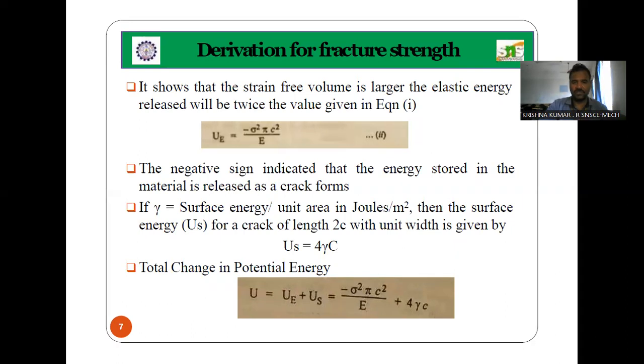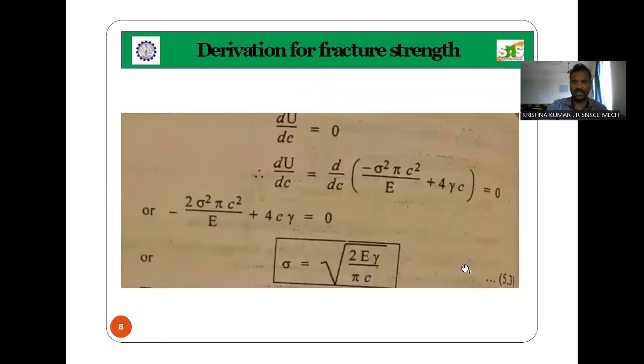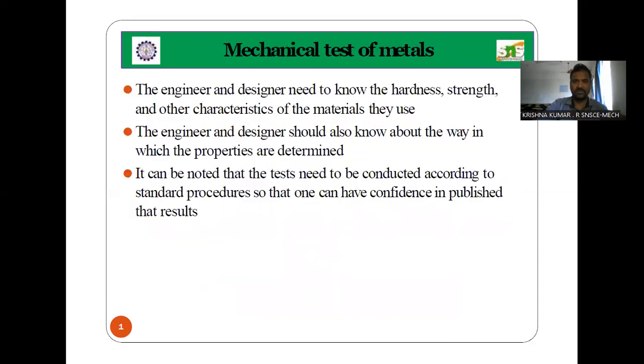If gamma is equal to surface energy per unit area in joules per meter square, then the surface energy US for a crack of length 2C with unit width is given by US is equal to 4 gamma C. Total change in potential energy U is equal to UE plus US, which is equal to minus sigma square pi C square by E plus 4 gamma C. This is the derivation for fracture strength.